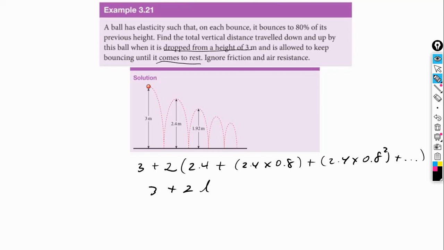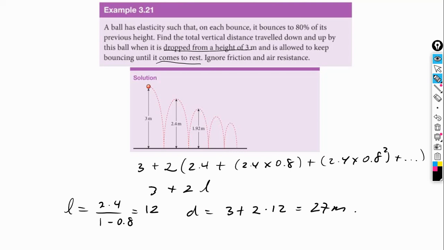So L is equal to the first term, 2.4, divided by 1 minus the common ratio, which is 0.8, and this is going to equal 12. So that means that the total vertical distance is going to equal 3 plus 2 times 12, right? And this is going to be 27 meters.